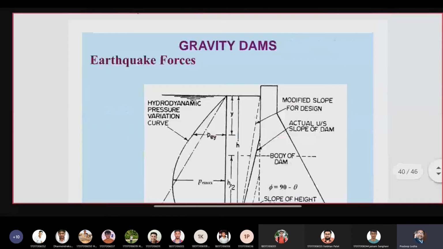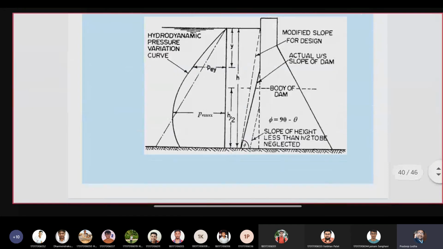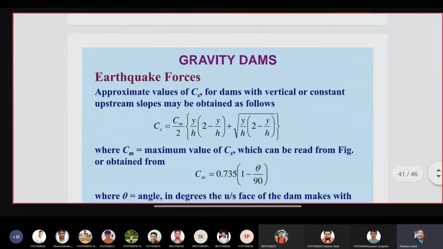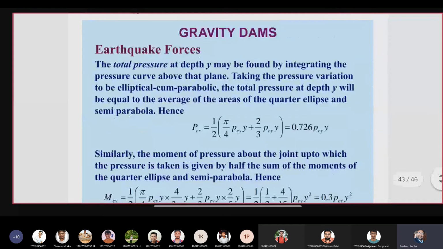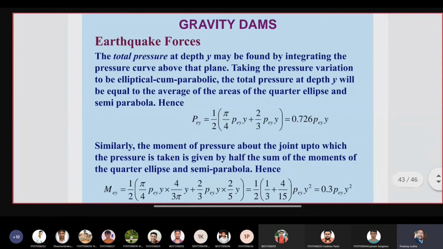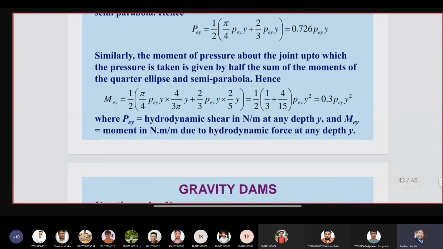That integration is done in the IS code, and we have been given the total solution there. You need to remember only this much: the total pressure is equal to 0.726 PEY times Y. And the total moment MEY is equal to 0.3 PEY Y square.